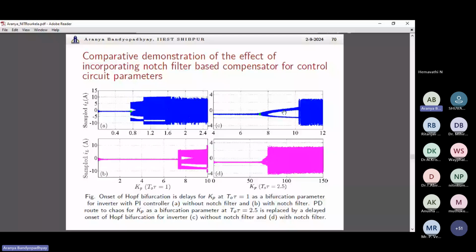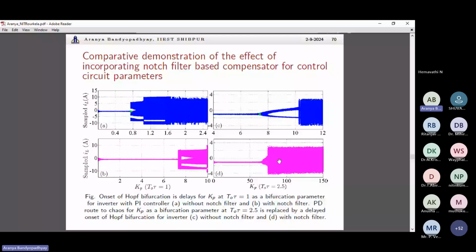Can you clearly see it? The scales are of course different, unfortunately. But in this case, when the notch filter is there, the instability is occurring at around 65 to 70 for the value of Kp, whereas without that notch filter, it was occurring at slightly beyond 7.5.